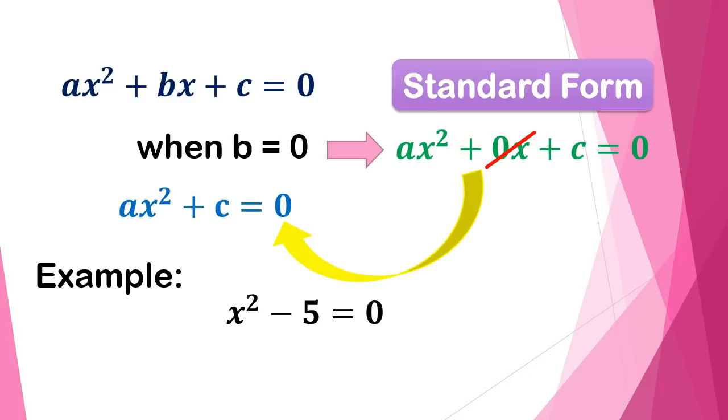The value for b here is 0 and the value for c is negative 5. Another example, 3x squared plus 7. So the value for a is 3. The value for b is 0 and the value for c is positive 7.